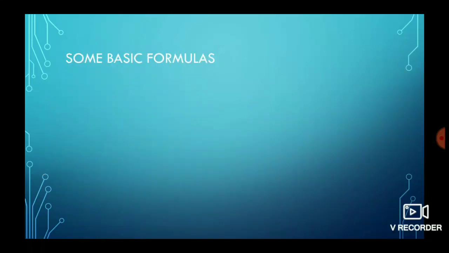Now some basic formulas. The first formula: the sum of the interior angles of an n-sided polygon is (2n minus 4) into 90 degrees. In some books it is also written as (n minus 2) into 180 degrees. It is the same.